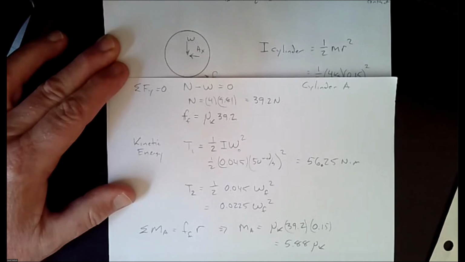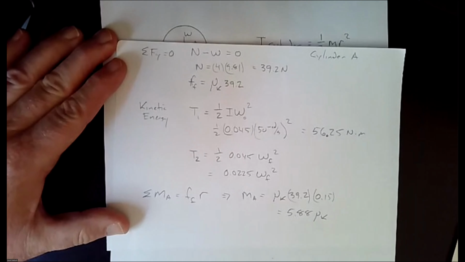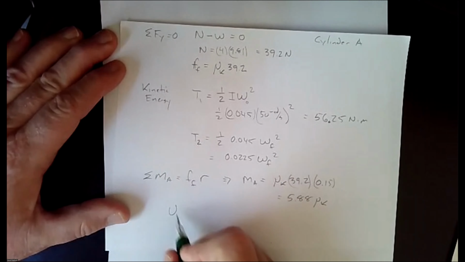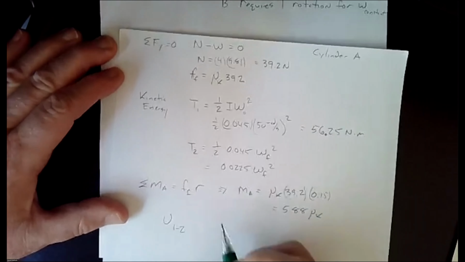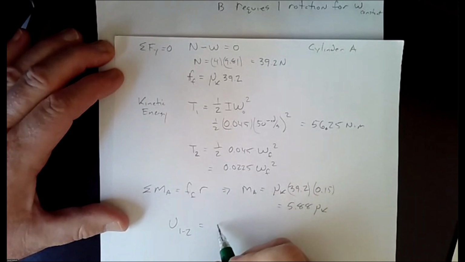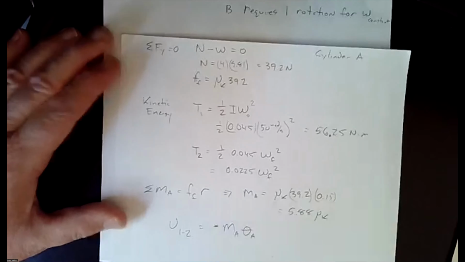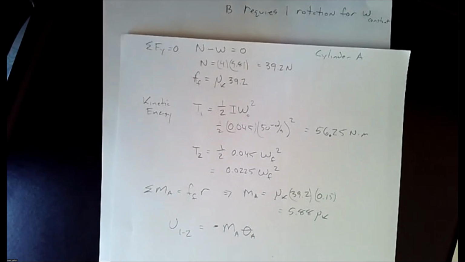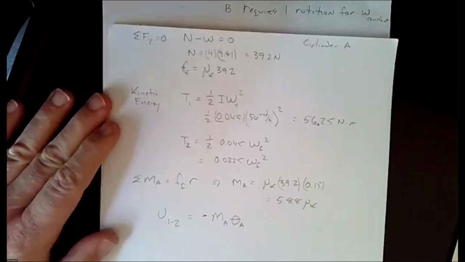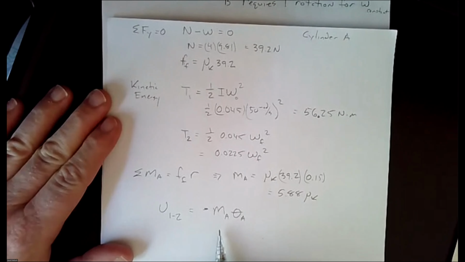All right. Now, remember that the U 1 to 2 was equal to the moment times theta A. And the reason I'm putting a negative sign in is because that's going to take away kinetic energy, isn't it? It's not going to add kinetic energy, it's actually subtracting.